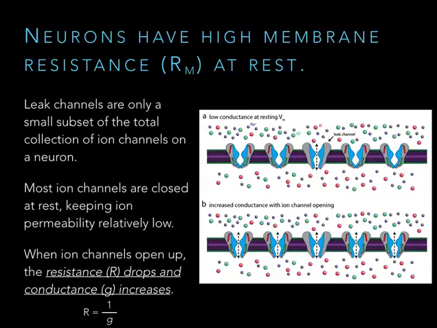When ion channels open up, we increase the conductance, and thus we decrease the resistance, because resistance is just the inverse of the conductance. So when those voltage-gated ion channels open up, we now have our leak, but we have the additional conductance through those ion channels. As such, the membrane resistance drops.